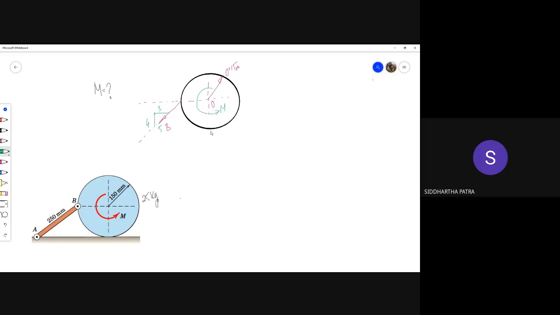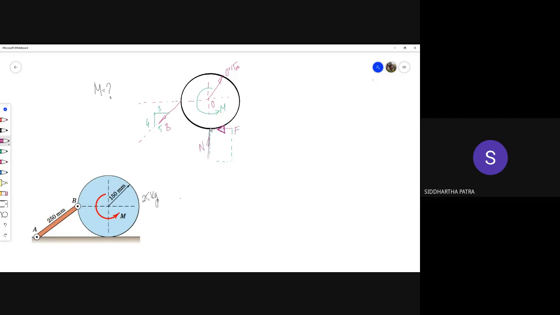And since it is in contact with the ground, it is receiving certain normal and frictional force. So let's say this is the normal force N, and this is the friction force F.